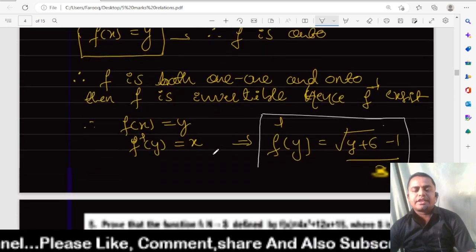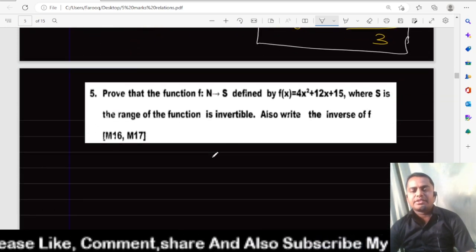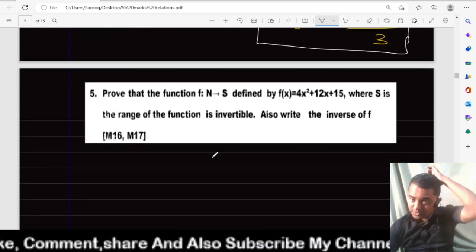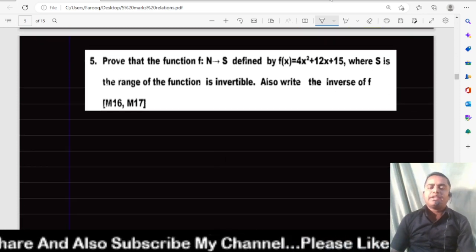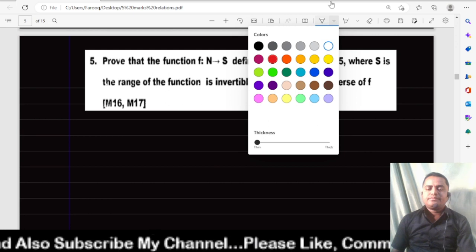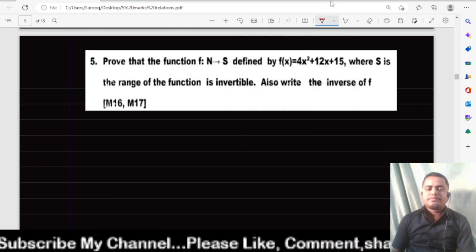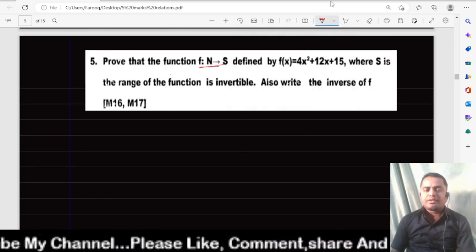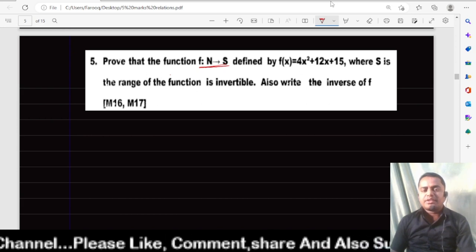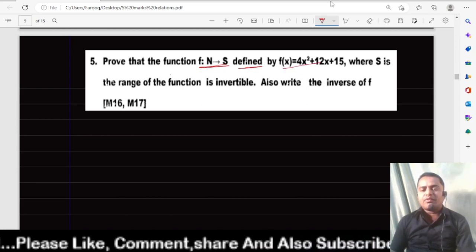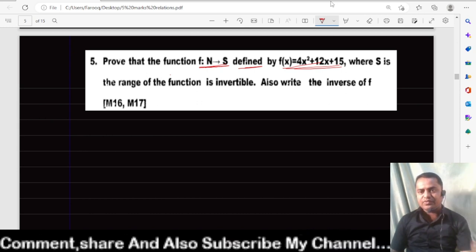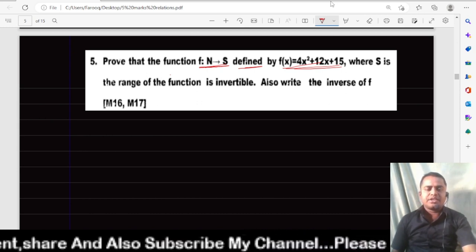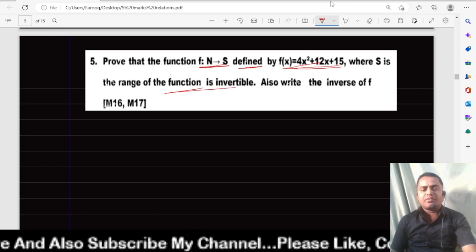Next one, prove that it is also the same type, that is, the completing the square method. Prove that the function f from N to S defined by f of x equal to 4x square plus 12x plus 15, where S is the range of the function, is invertible.